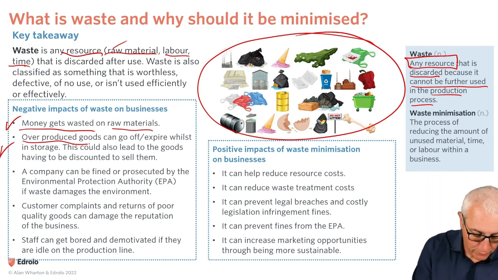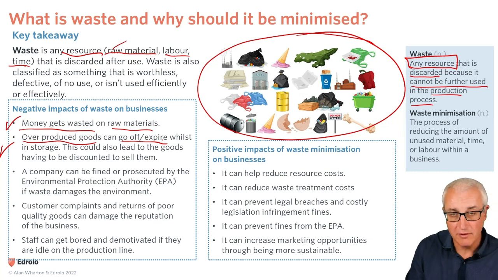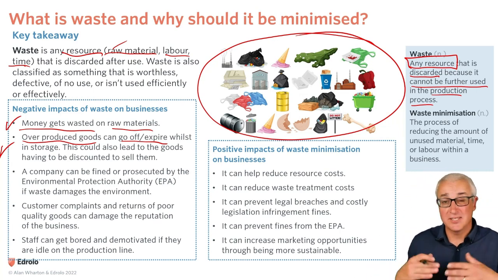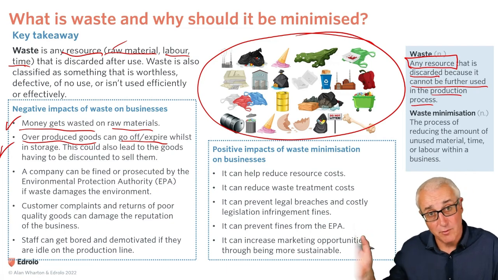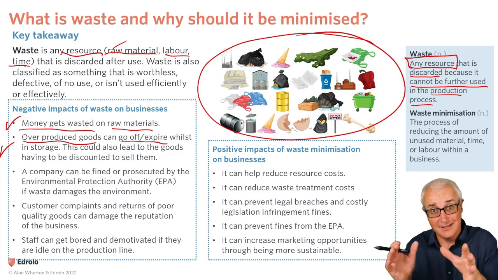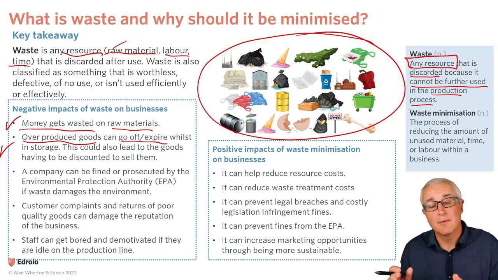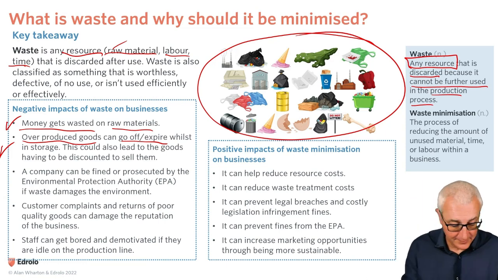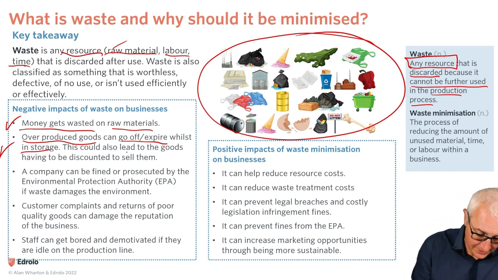Secondly, these overproduced goods can go off or expire. If we leave the eggs out there, they're going to go past the expiry date, we might have to just throw them away. If we'd actually made some cupcakes and they're sitting on the shelves and no one is using them, they could equally perish, go off, get wasted. So all of that can lead to the goods having to be discounted to sell them.